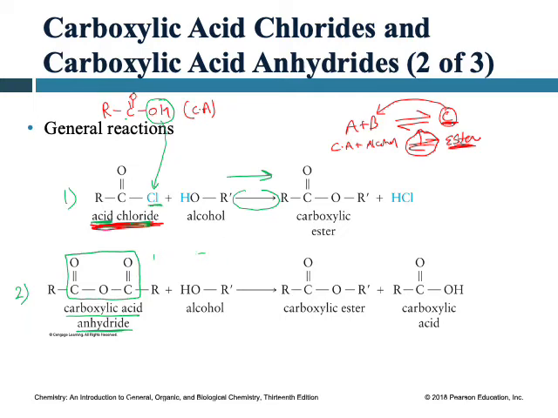So the reaction mechanism will be the same. We have chlorine instead of OH. Now chlorine reacts with hydrogen from the alcohol, exactly the same reaction mechanism that we just learned with carboxylic acid, wherein the carboxylic acid OH reacts with hydrogen from the alcohol.